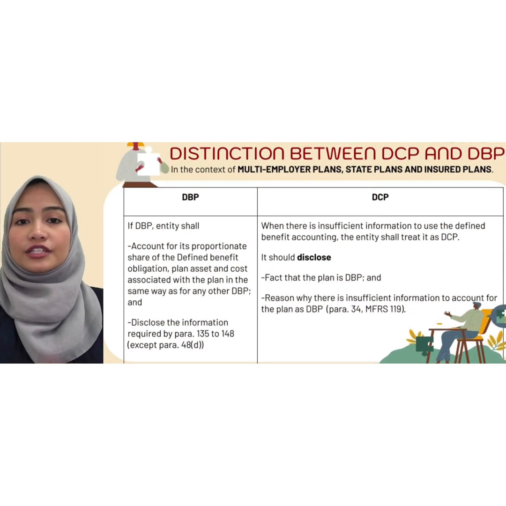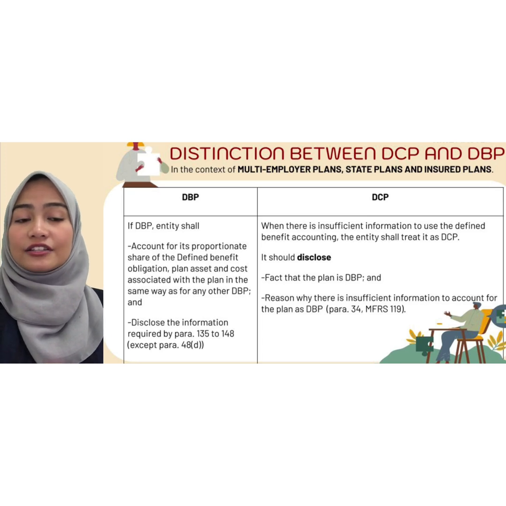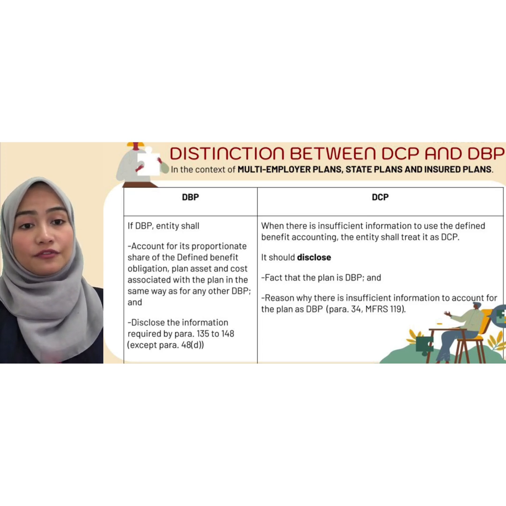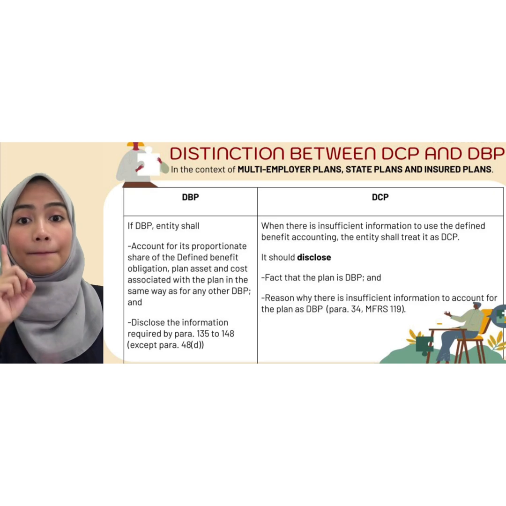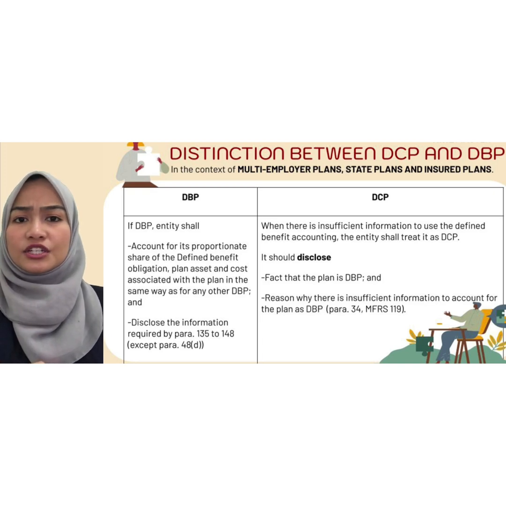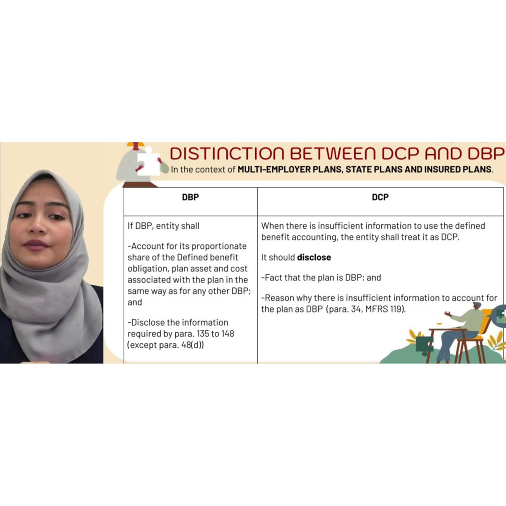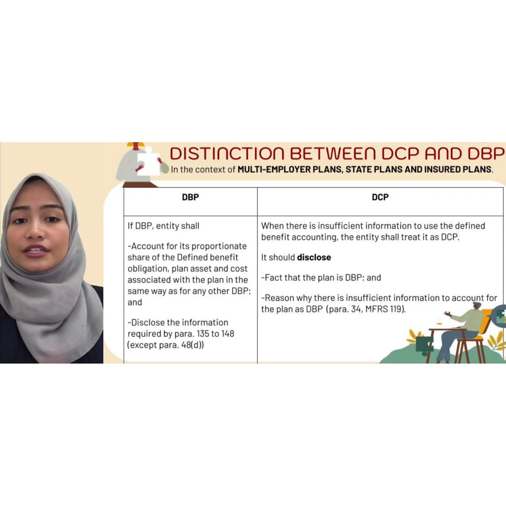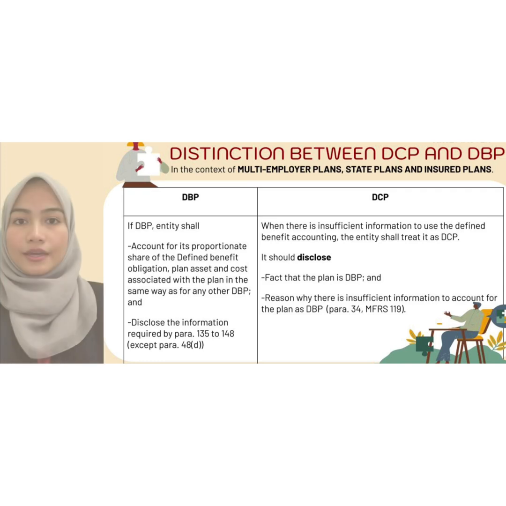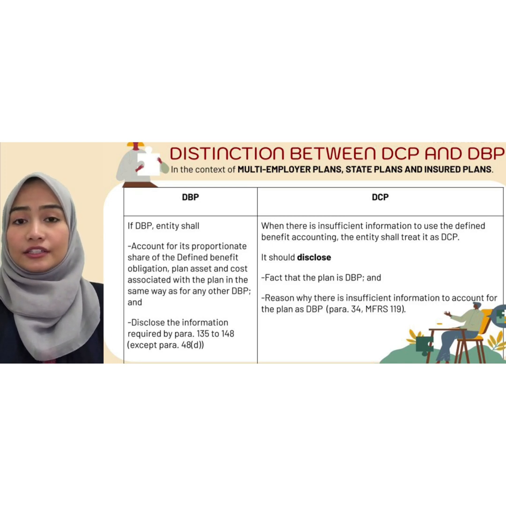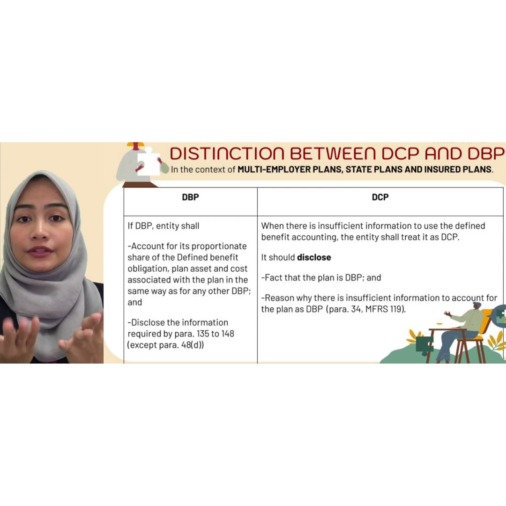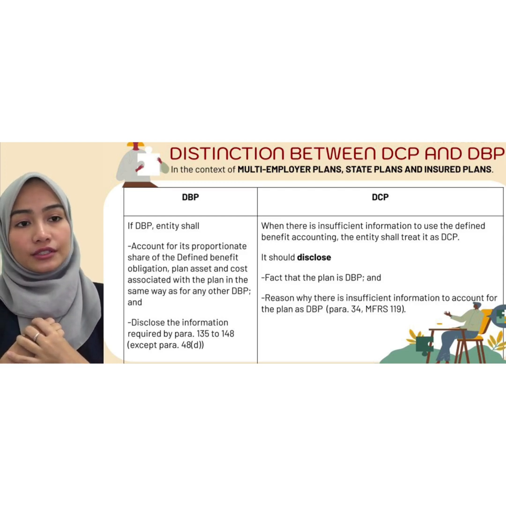Okay, if it is a DBP, the entity shall account for its proportionate share of the defined benefit obligation in the same way as for any other DBP and disclose some information in MFRS. But when there is insufficient information to use the defined benefit accounting, the entity shall treat it as DCP, and it should disclose the fact that the plan is DBP and give the reason why there is insufficient information.